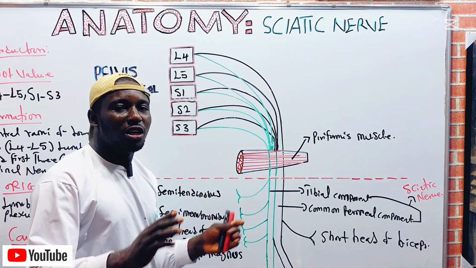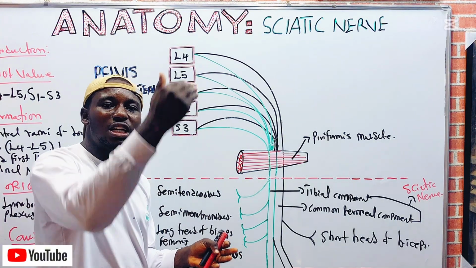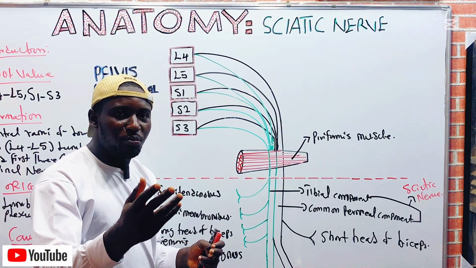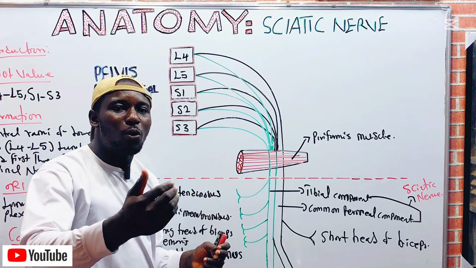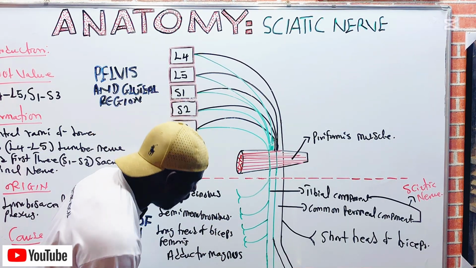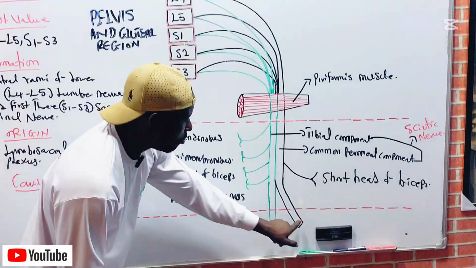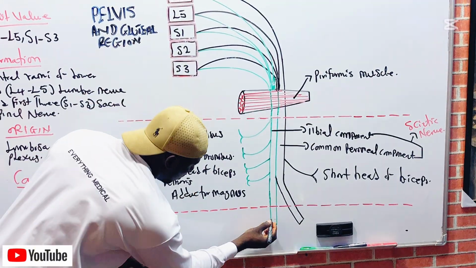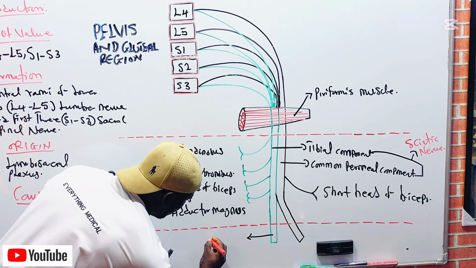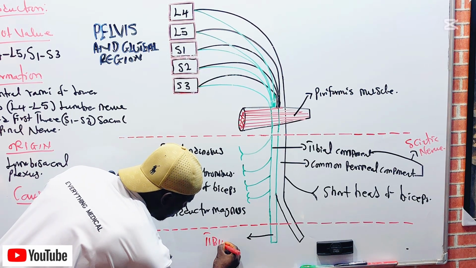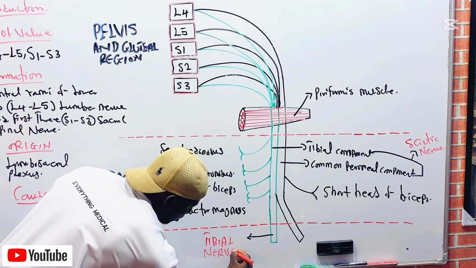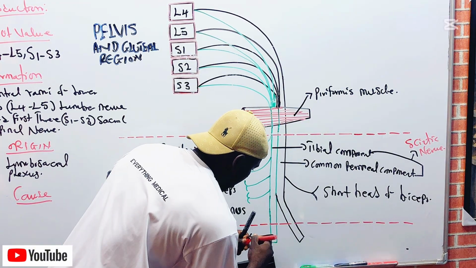That means the sciatic nerve terminates just a little above the popliteal fossa, at the junction between the middle and the lower third of the thigh, where it bifurcates into two terminal branches to form the tibial nerve and the common peroneal nerve. The tibial nerve and common peroneal nerve.